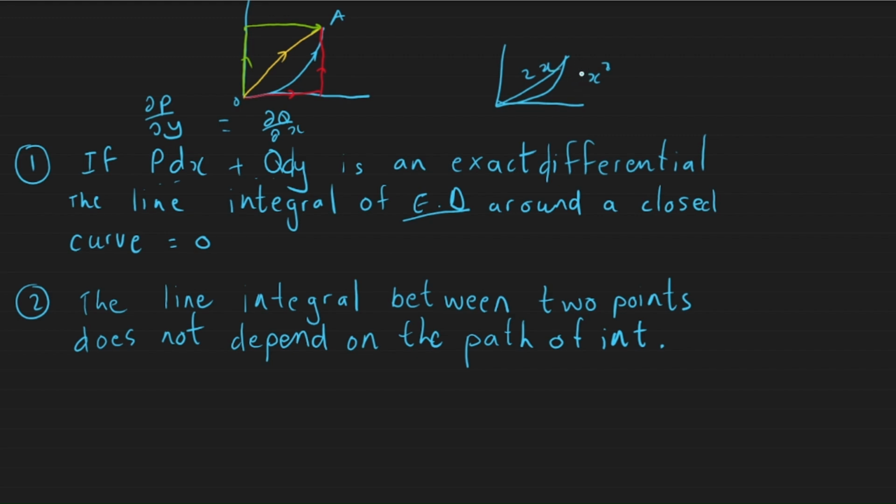We showed that around the closed curve it's equal to 0. Then we showed that the first path gave us 4, and along 2x it was also 4. That means it doesn't matter how we got from O to A, we still had the same value of the integral. So for an exact differential, we use the phrase path independent.